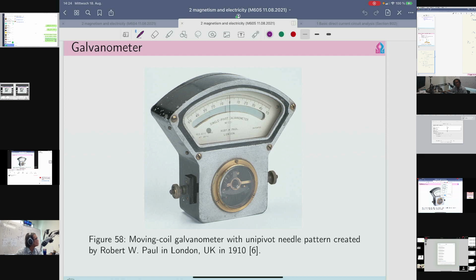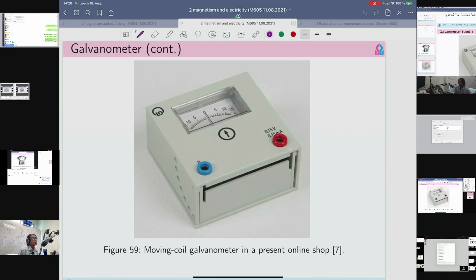You can buy it by ordering from any online shop. This is the version you can find at the moment. Nowadays it has two poles, the blue one and the black one. It's used to measure anything, depending on your purpose.